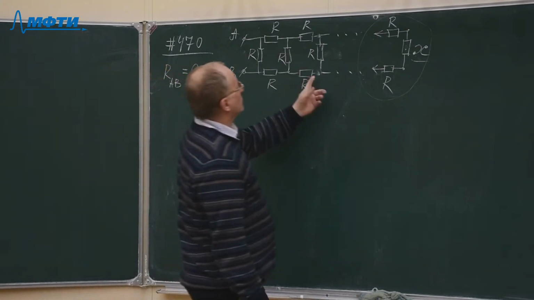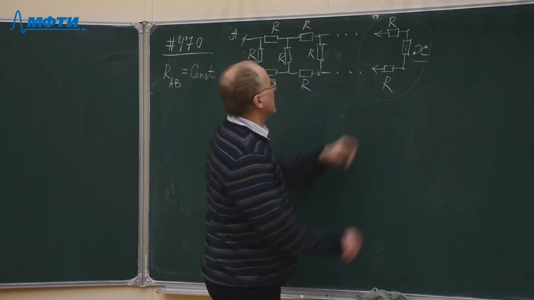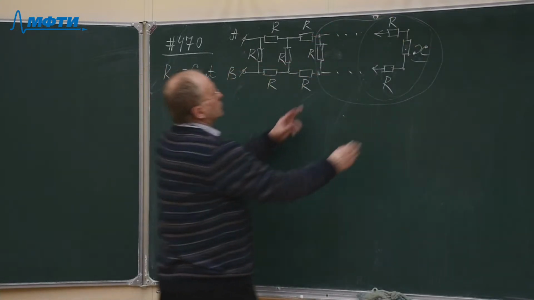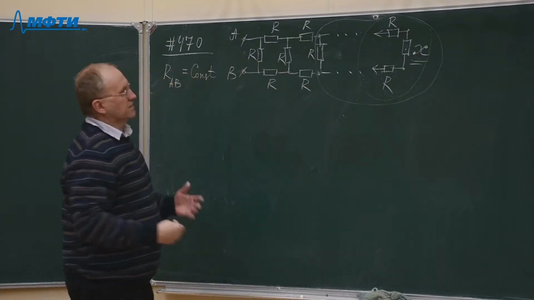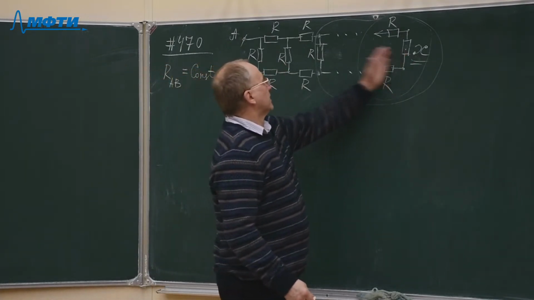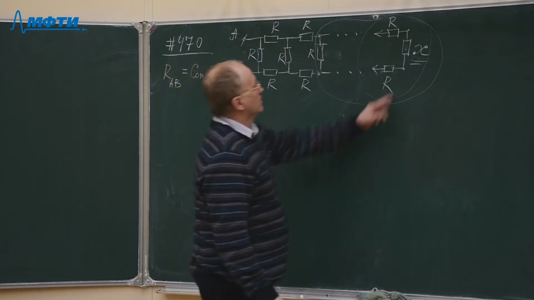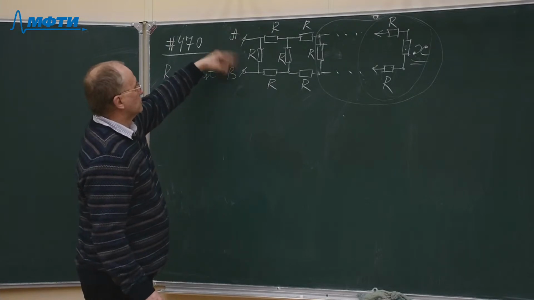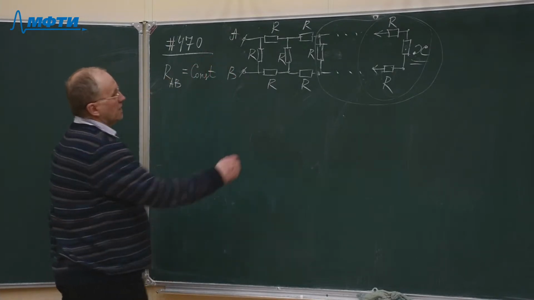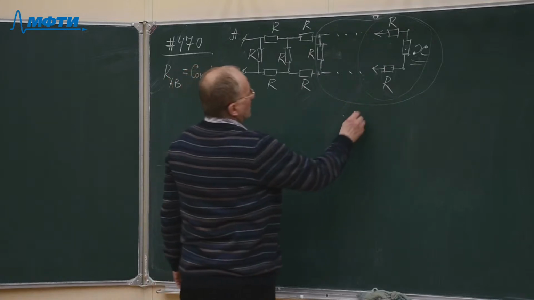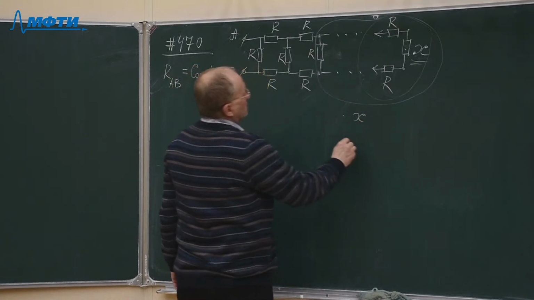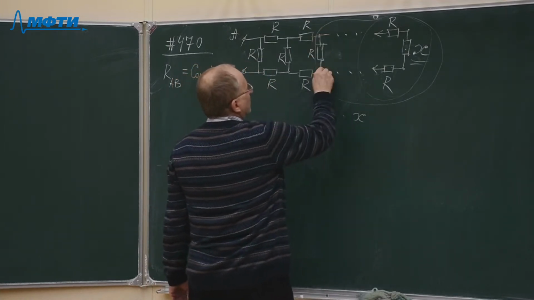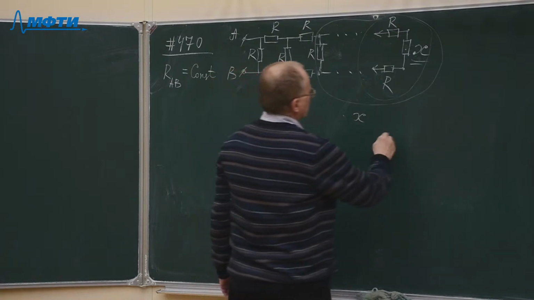So what we have to do is just calculate the resistance of this remaining circuit here. The resistance of this remaining circuit must be equal to X, and that is the condition that when we attach another cell here with the final resistance X, nothing changes. It can be calculated easily because it's a parallel connection of one resistance and another 3 resistances.